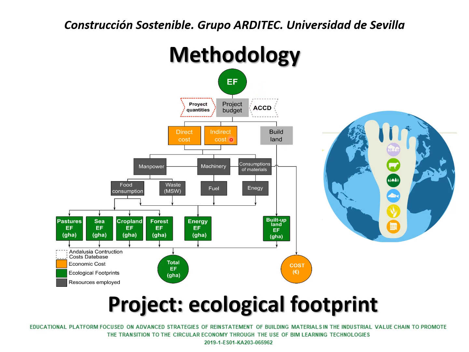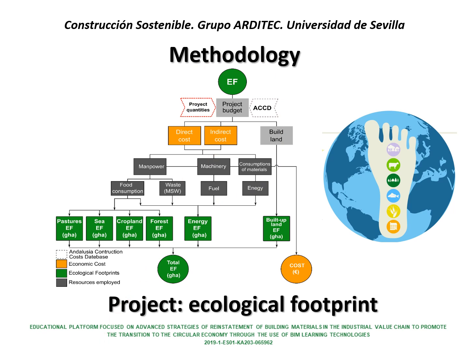And from there, we have some indirect and direct costs in those elements. We can calculate, transform them into basic elements, our manpower, machinery, and materials. And we can obtain the ecological footprint, for example, in terms of pastures, sea, cropland, forest, energy, or built up land that is going to be consumed in that specific project.